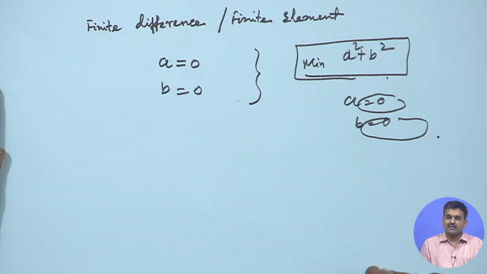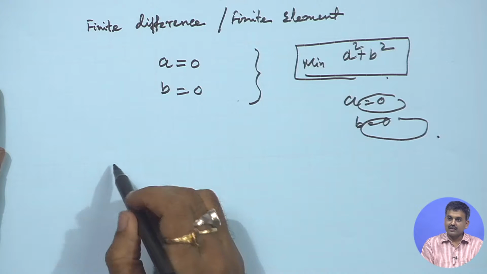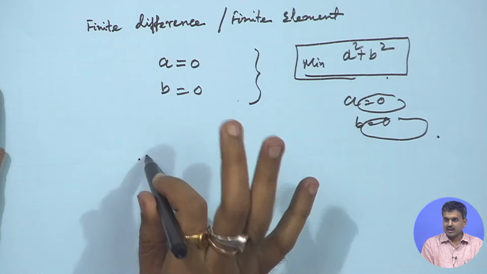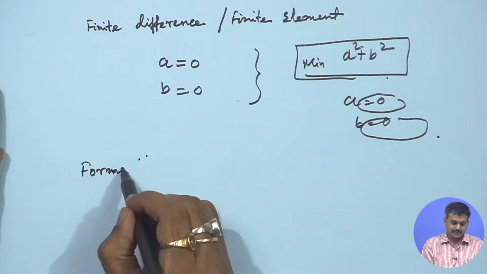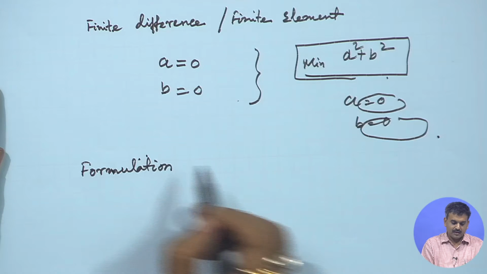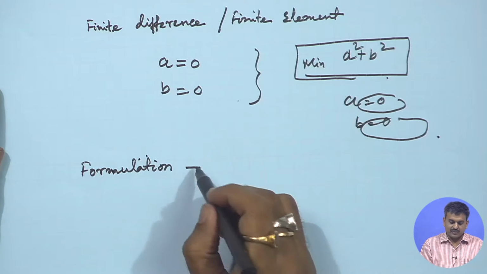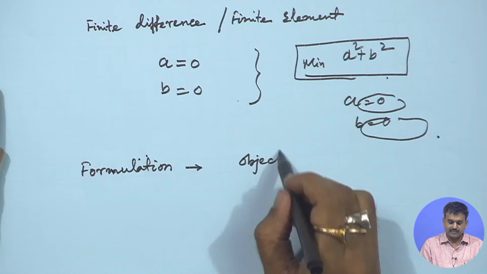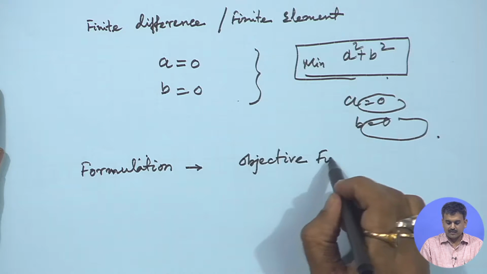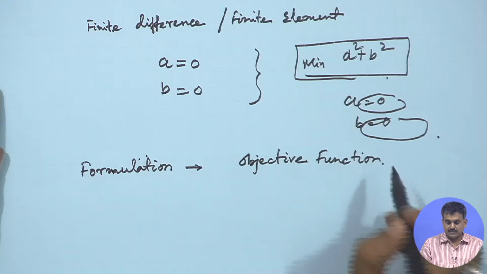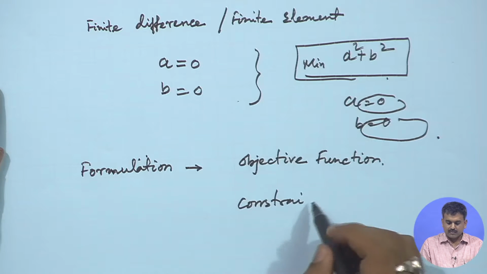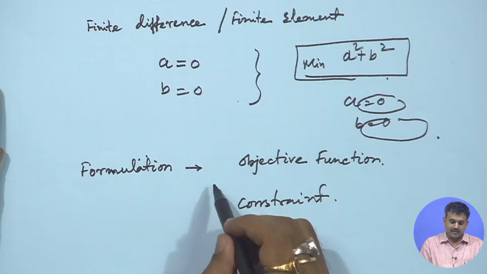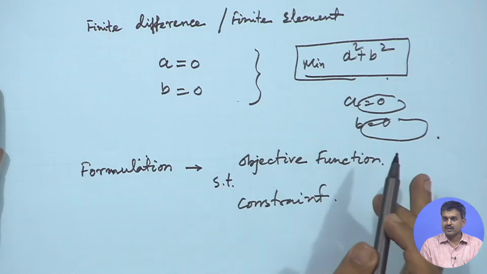But another concept or point you should remember, that in any optimization algorithm or optimization formulation, there are two things. One is the objective function, another one is the constraint, subject to some constraint.